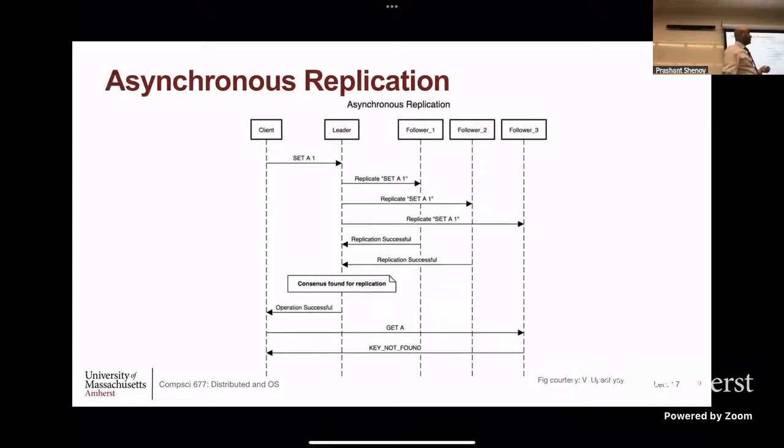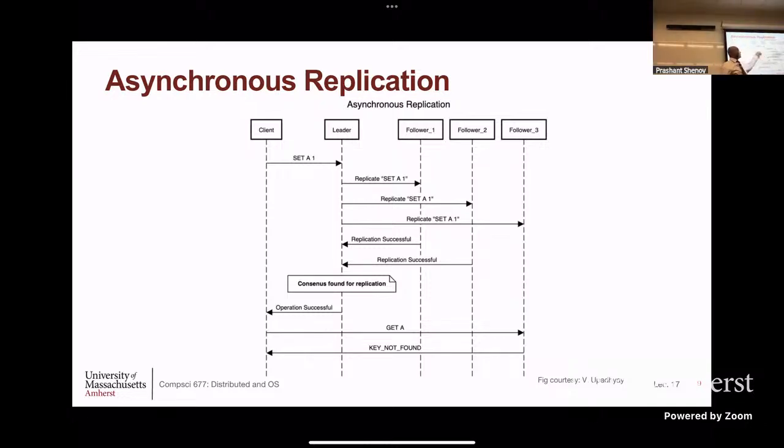And here is essentially what happens in the case of asynchronous. So you will see that the client sent a request to the leader, which has sent this write request to 3 followers. At any point, once those requests have been sent, the leader can respond to the client saying the write has finished. Okay? In this case, we are waiting for at least 2 of the copies to have said okay before you are sending back a response, not the third one. Okay? But you don't need to even wait that long.